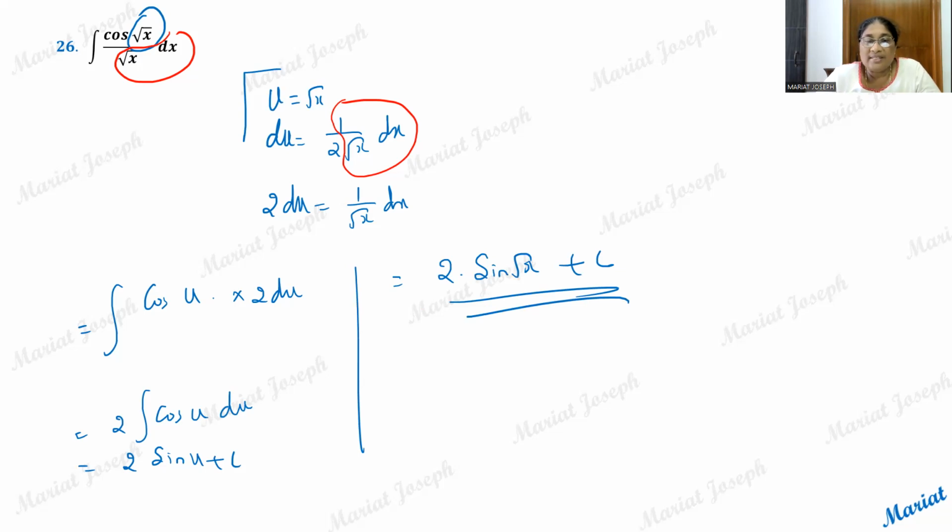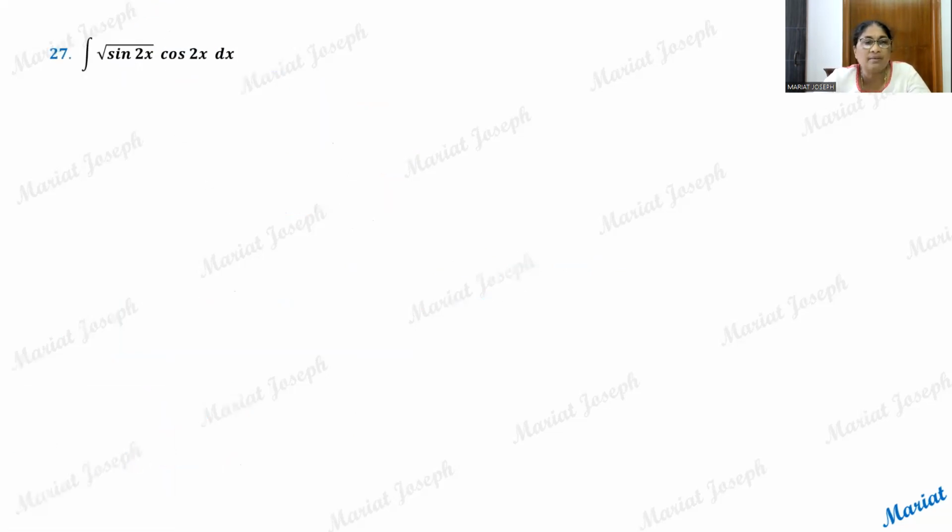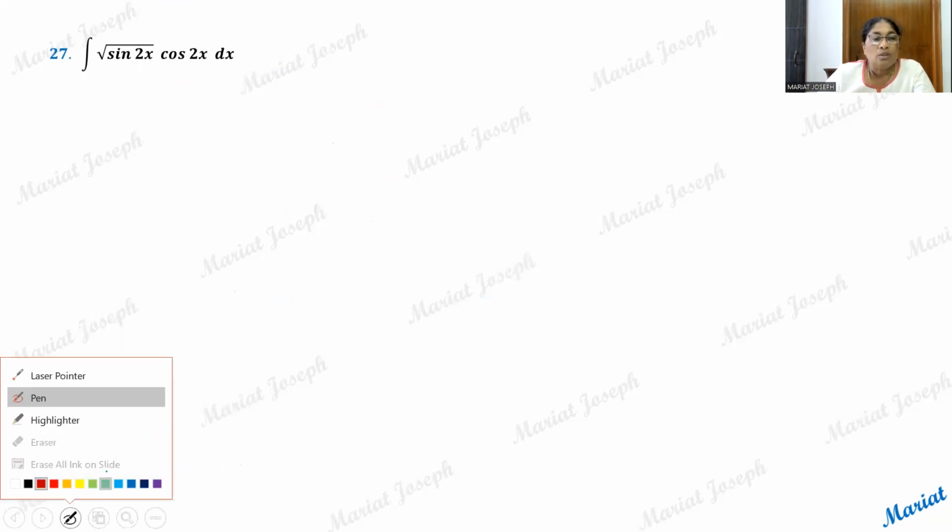That was question 26. A very simple substitution. But realize one thing. Though we took root x as the substitution, both of them were not the u. One of them was u, the other one was used as du. Remember, it's a very simple question. Question 27. Root of sin 2x into cos 2x. Two factors.